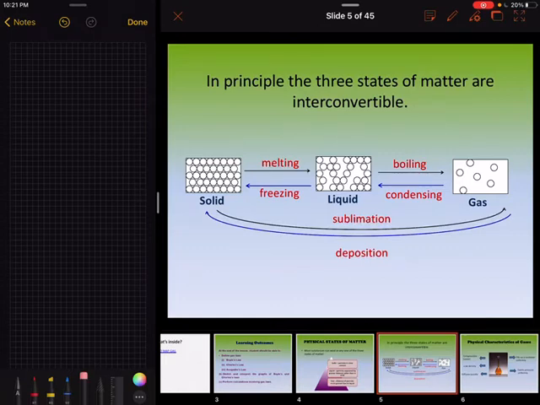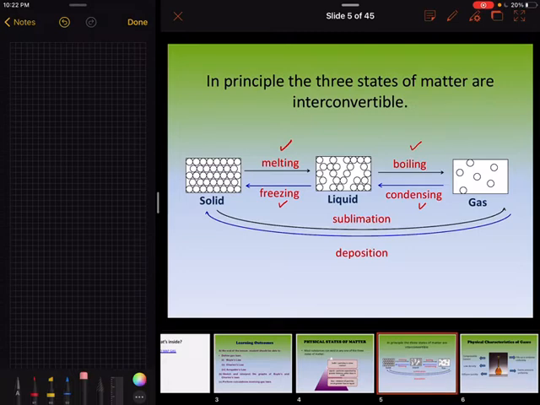And for the interconversion of the phases, kita boleh tengok daripada sini. Solid can form liquid and then gas, and the process can repeat from gas to liquid dan juga solid, melalui beberapa proses. From solid to liquid is the melting process. From liquid to gas is the boiling process. Gas to liquid is the condensation process, and liquid to solid is the freezing process.